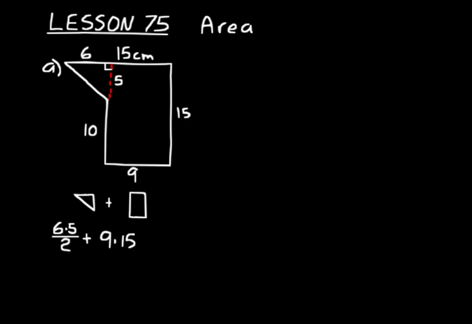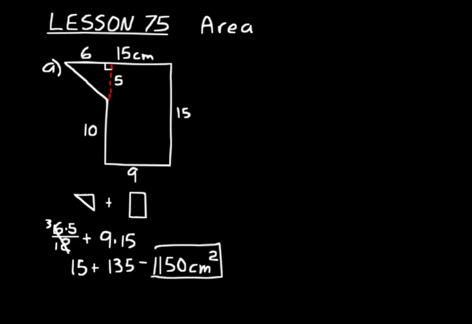We can reduce 6 over 2 to 3 over 1, and we end up with 3 times 5 over 1, or just 15, plus 9 times 15 would be 135, and that gives us 150. Our units are centimeters, we can't forget those, centimeters squared, or 150 square centimeters.